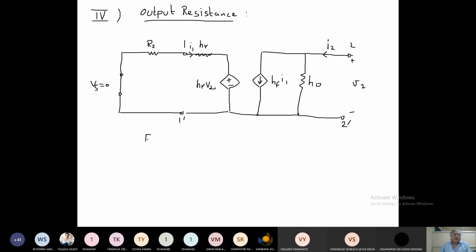So this figure is the equivalent circuit for calculating output resistance. We will use this figure.